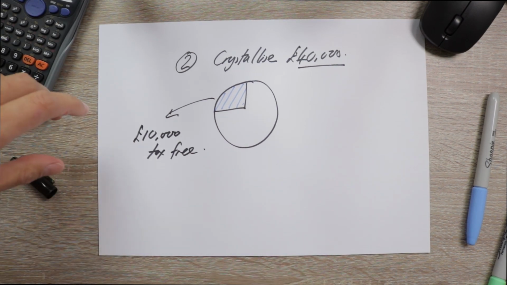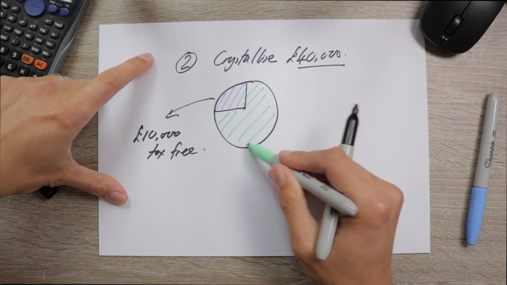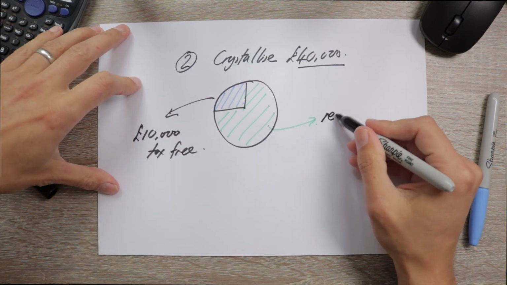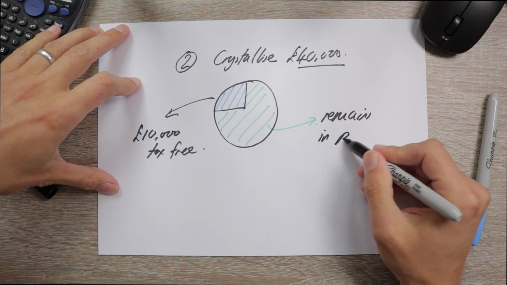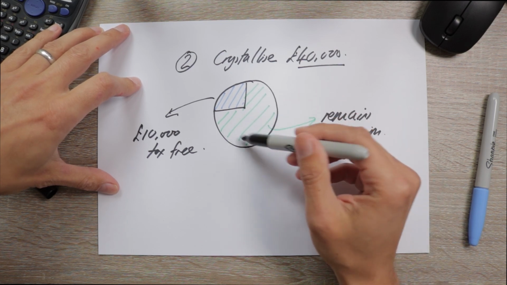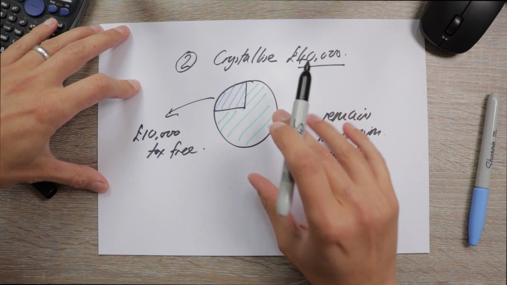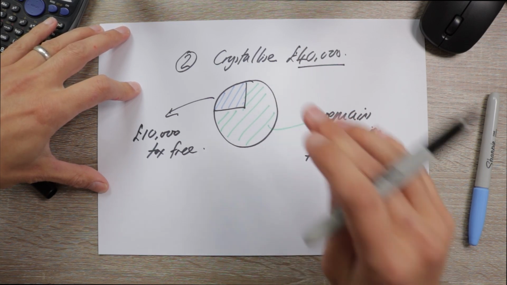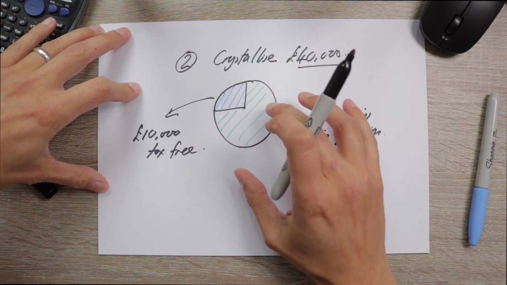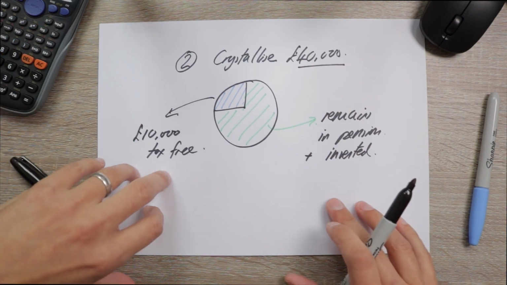What that means for the remaining 75% is that it remains in the pension and invested. So in effect, our remaining taxable element remains in the pension scheme itself, invested, growing in value. But clearly what we've done here is crystallize that amount, and it sits there in the pension until we decide to do something with it, i.e. take an income from it, which would of course be taxable.